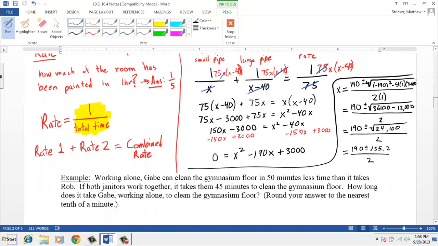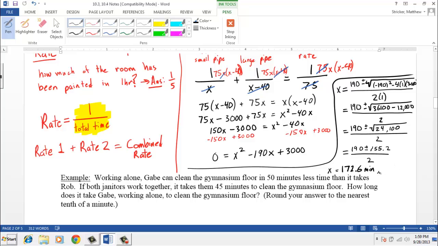Which really gives me two answers. It gives me the first one if we add them. So if we take 190 plus 155.2, divide that by 2, we get about 172.6 minutes.